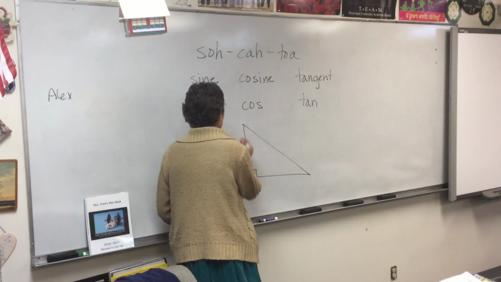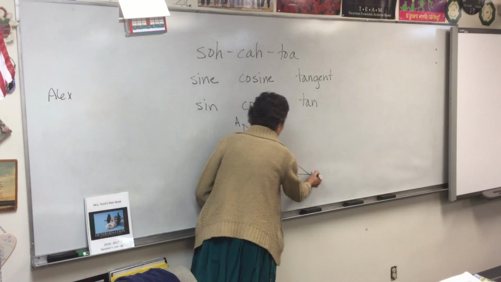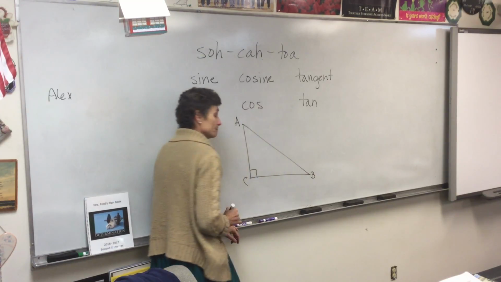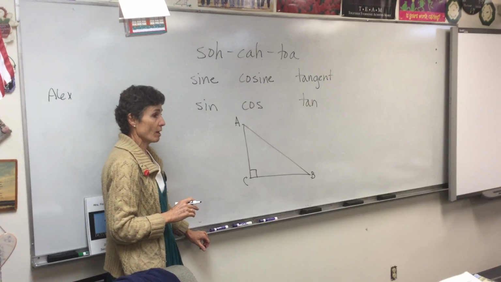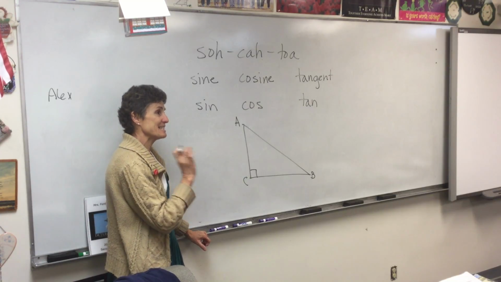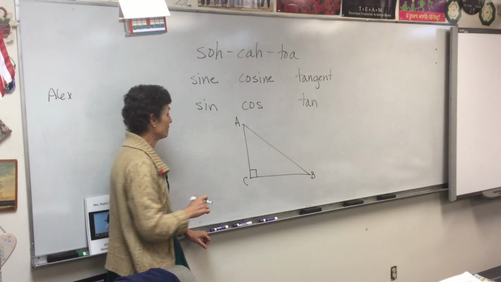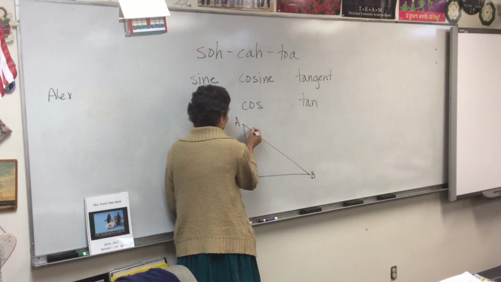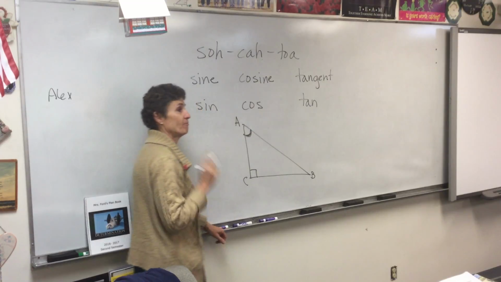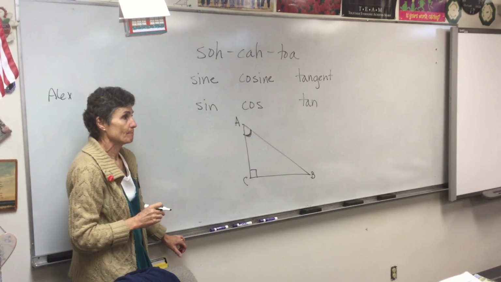So I'm going to go ahead and label this triangle. I'll call that angle A, and angle B, and angle C. When I look at any right triangle, I have to zero in on one of the non-right angles, one of the acute angles. So I'm just going to look at angle A. This is going to be the focus right now, angle A.